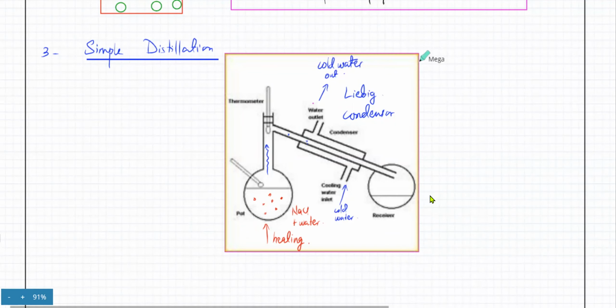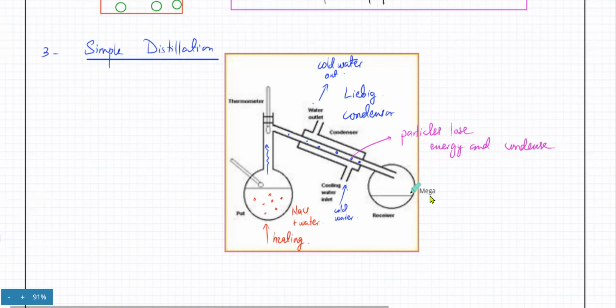When those particles reach the Liebig condenser, they're going to lose energy and they condense. So this is what happens over here. Particles lose energy and condense.